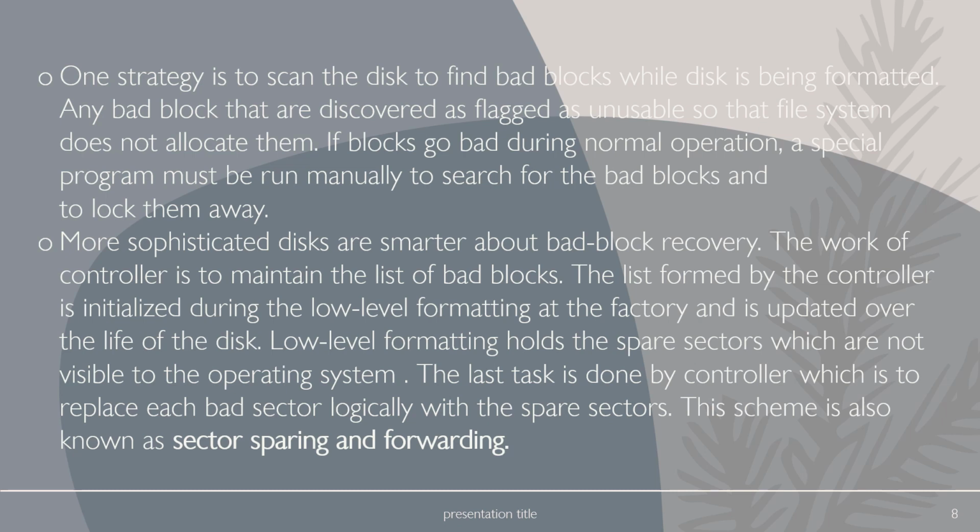Low-level formatting sets aside spare sectors which are not visible to the operating system. The controller's task is to replace each bad sector logically with a spare sector. This scheme is also known as sector sparing or forwarding.